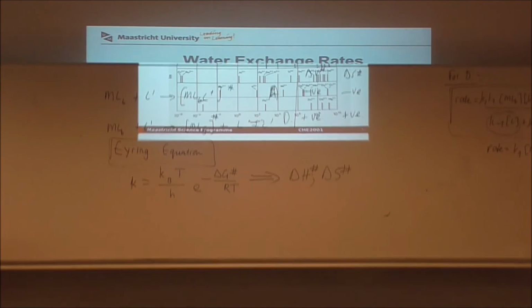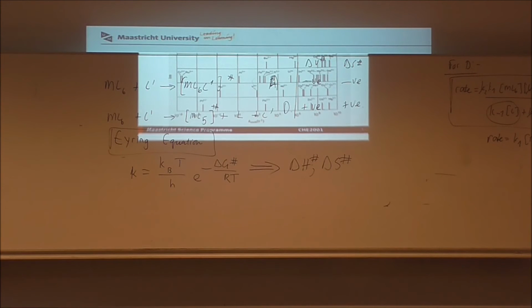Now, let's take two examples. Let's take these complexes here, with OH2, OH2, OH2, so hexa-aqua complexes. And we're interested in studying the lability or the inertness of these complexes with respect to substitution with some other ligand, okay?